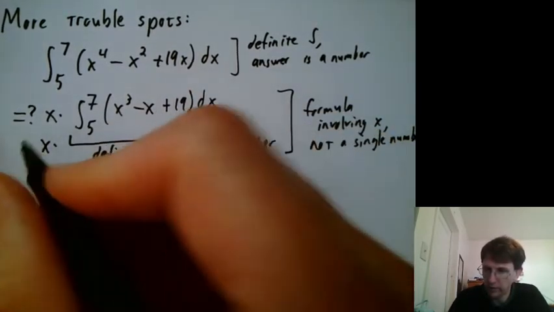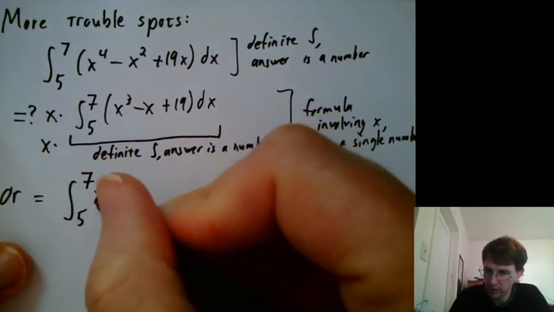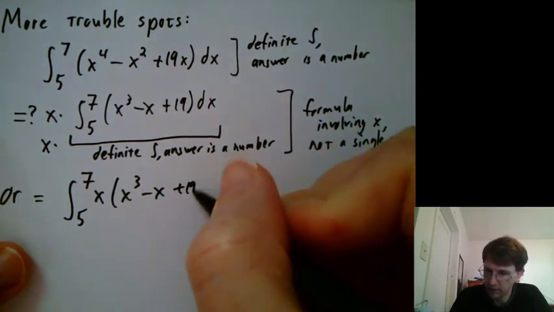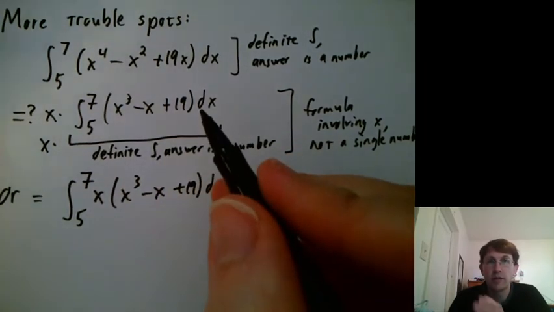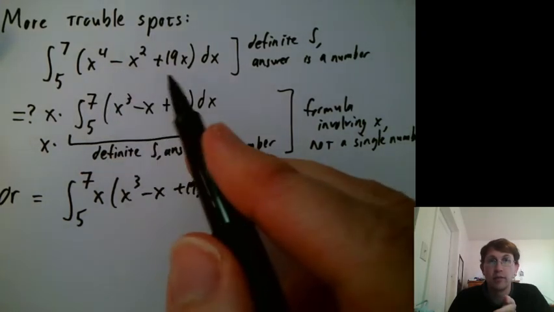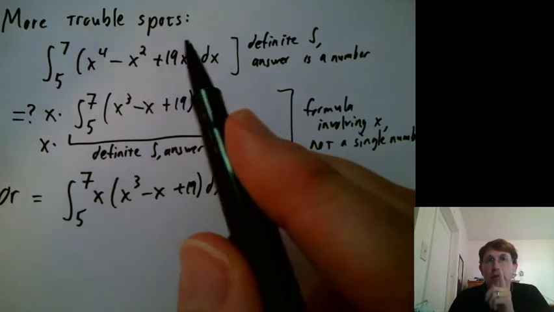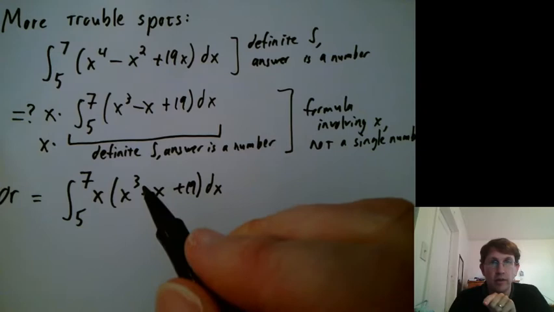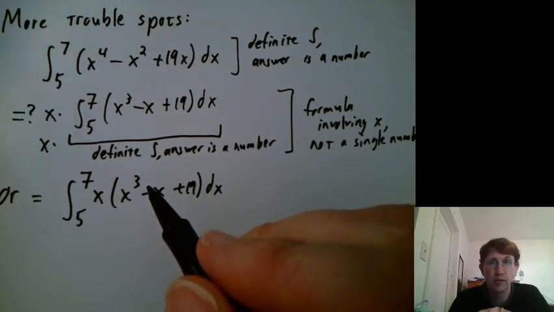What if we don't try to pull it all the way out? What if we just pull it out to here, x cubed minus x plus 19? It turns out this is true. You can factor that expression inside the integral, but it's not helpful. Integrating this would be just a simple polynomial integration, right? Power rule on this, power rule on that, power rule on that. But with a product of two functions, each of which involves x, we would need something like a product rule for integrals.